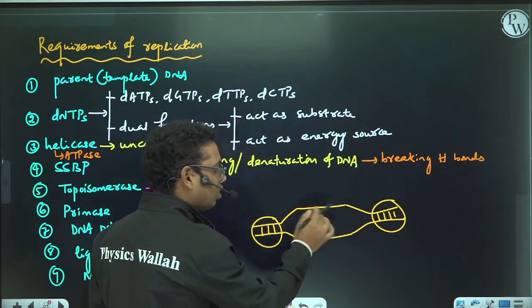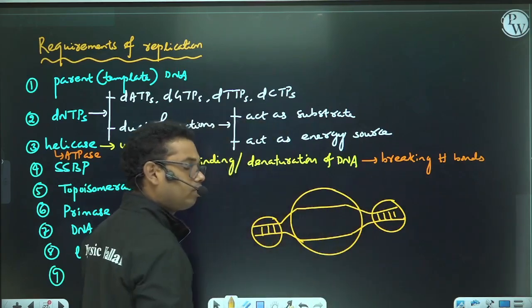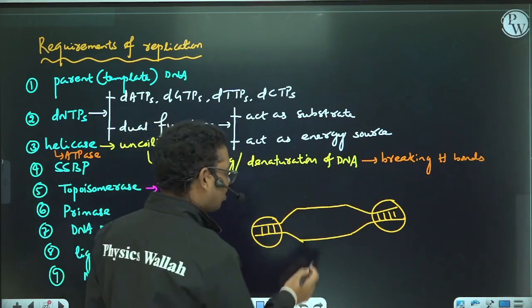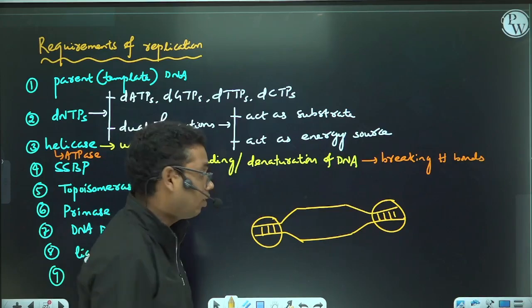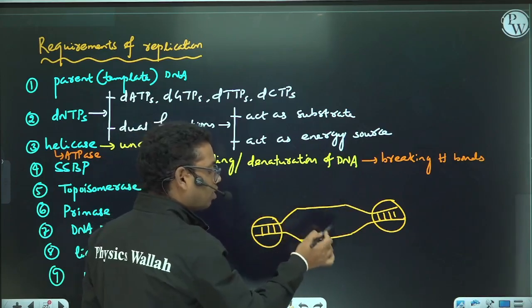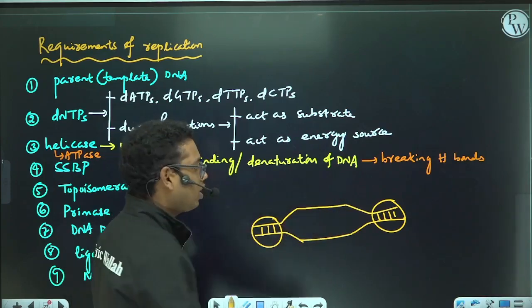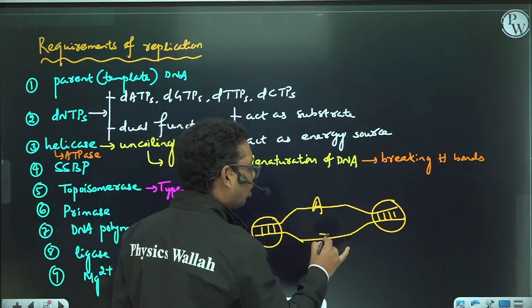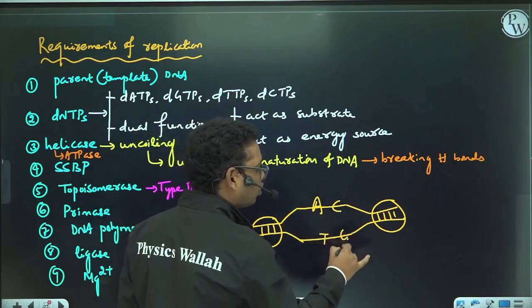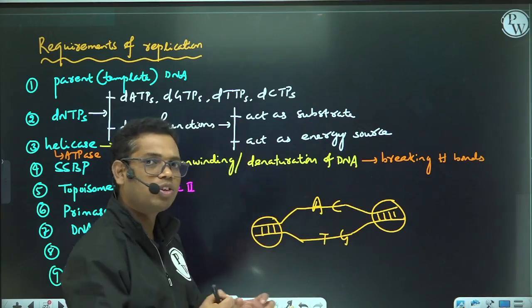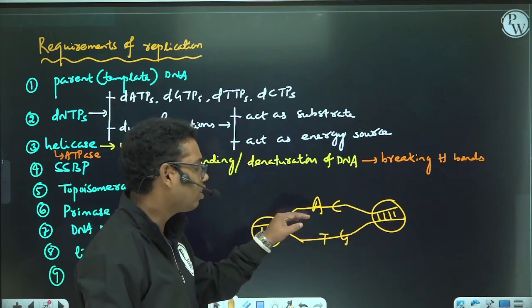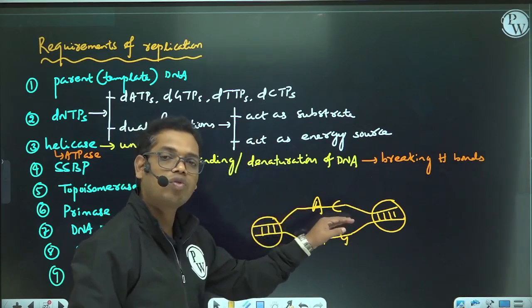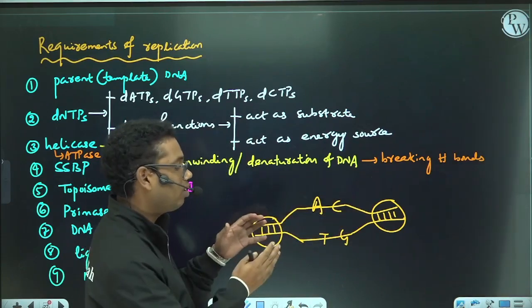But in this region there is no hydrogen bond, so I will say the DNA has been denatured. But these two strands are complementary to each other. If it has A, it will have T. If it has C, it will have G. So automatically they will pair with each other. But I don't want them to pair. Why? Because only if they are in single strand form will the new strand form. That is why I have to keep them in single strand form.